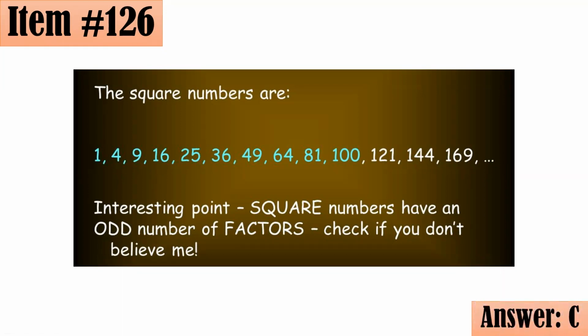That's why tandaan po natin, if a number has an odd number of positive factors, it's a square or a perfect square number. Letter C.